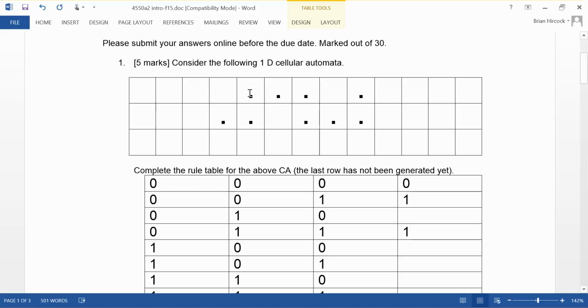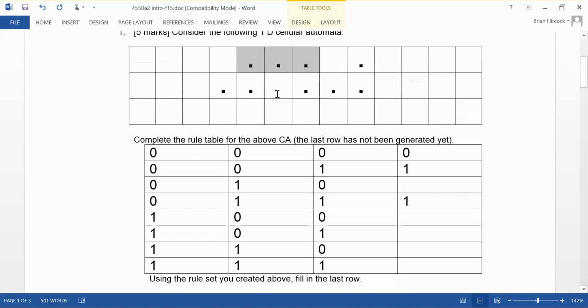Then we move to the next generation. So we've done 0, 1, 1. So now we have 1, 1, 1. 1, 1, 1 gives us a 0. Keep moving along. We've got 1, 1, 0. 1, 1, 0 gives us a 1.